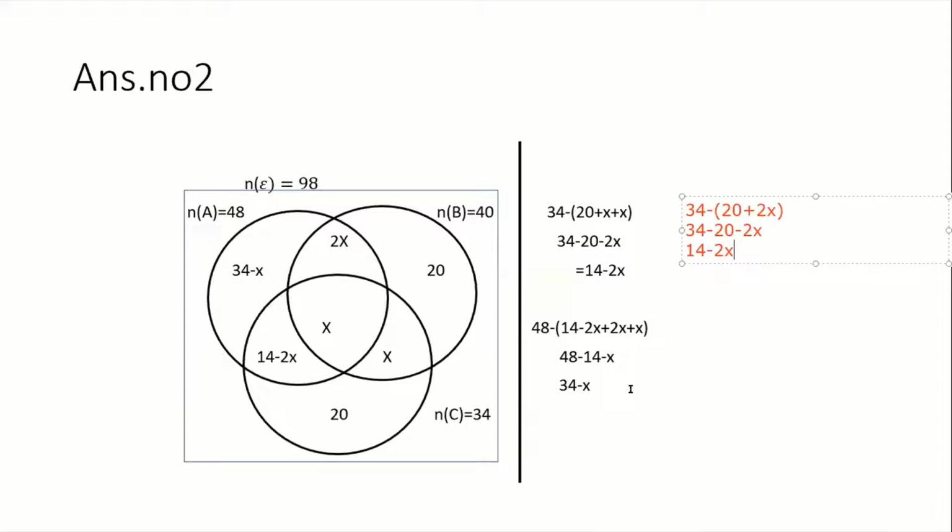Now this is going to help our work to find A only. And A only, we have already 48 here. So we shall get our 2x plus x plus 14 minus x. Still, in our expression ahead, we shall work out.